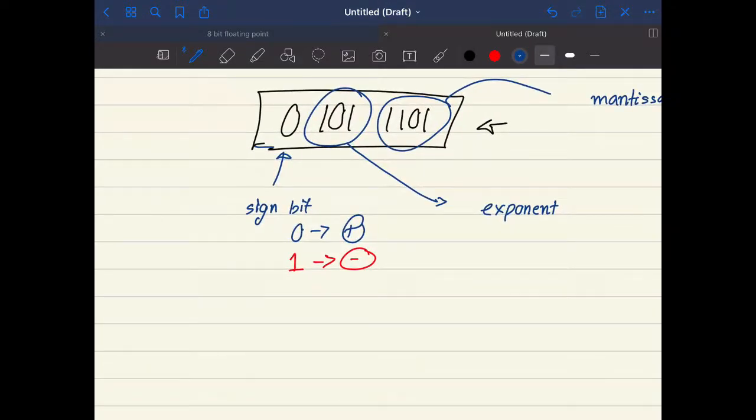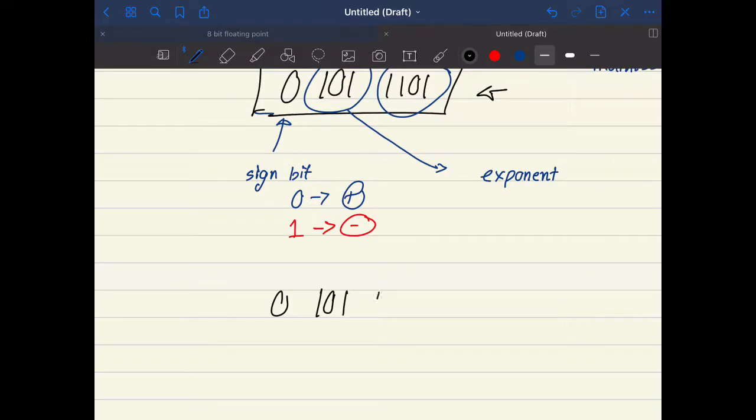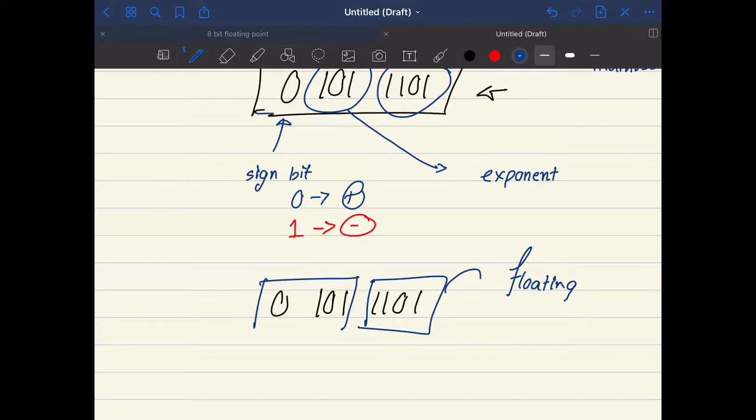However, there's another division here. If you write the number again, 0 1 0 1 1 1 0 1, these 4 bits represent the floating portion, and these 4 bits represent the integer portion.